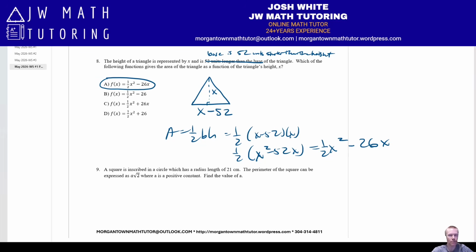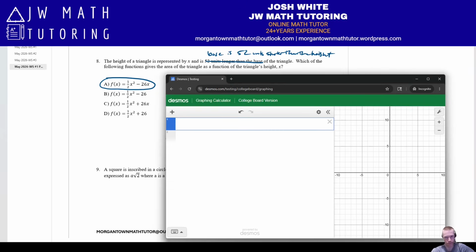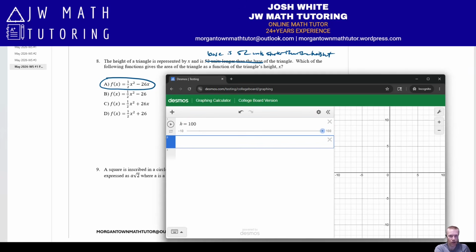Now, an alternate approach you could take to this is using picking numbers to find values for the height and the base, and therefore calculate the area, and then compare that numerical value against all of the answer choices where you plug in the height value that you chose. So here's how that would work. I'm first going to say the height of this triangle is 100.